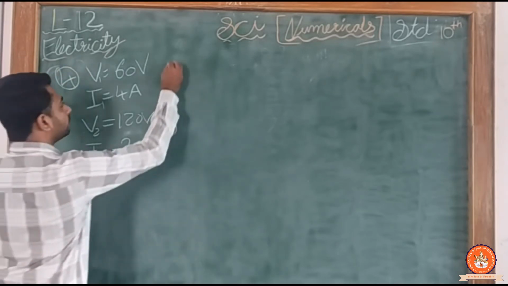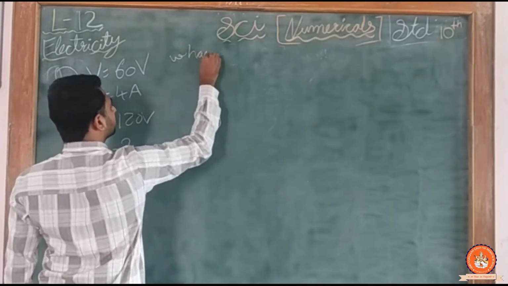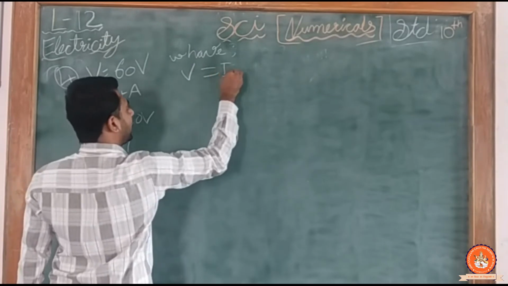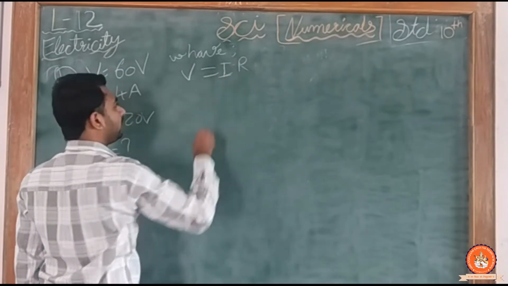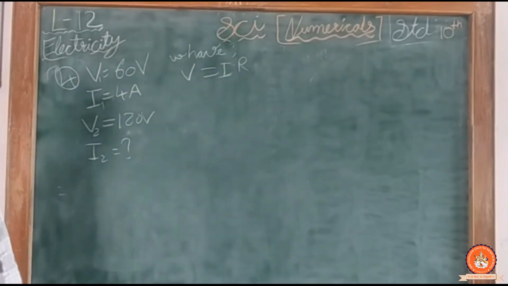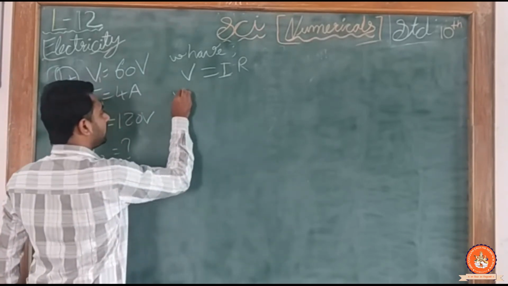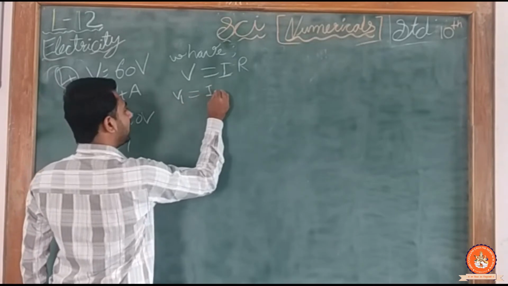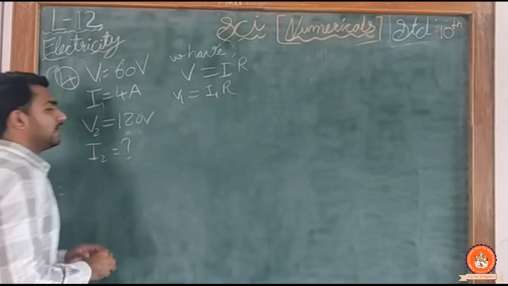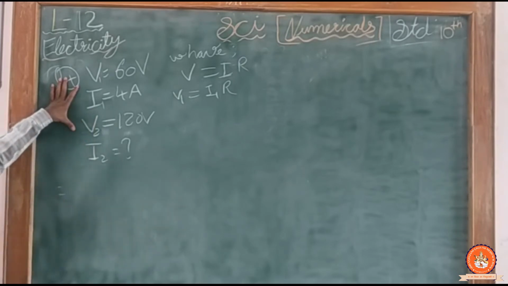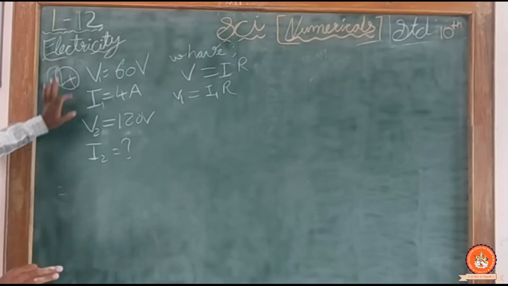So we have V is equal to IR. We have the formula V is equal to IR. So to find I2, we write V1 is equal to I1R. See, this question shows that they have the resistance same for both the cases.